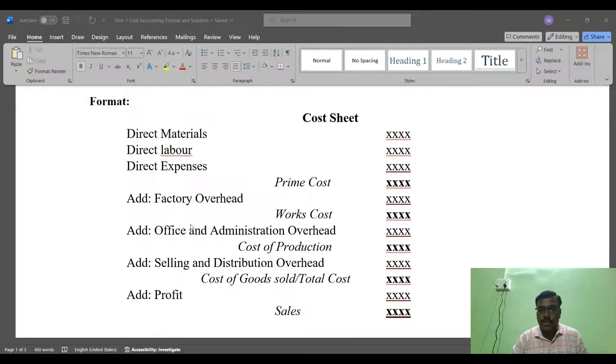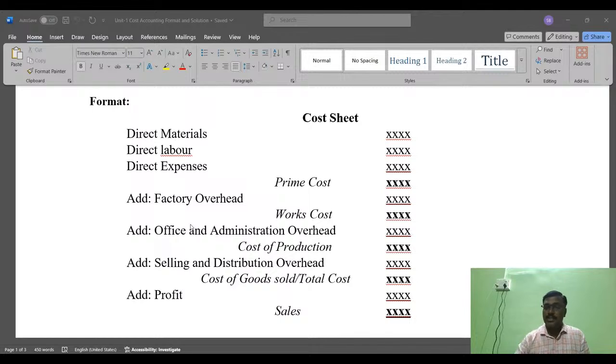To the cost of production, we have to add the selling and distribution overhead. Once we have manufactured the product, we have to distribute it to the selling point, to the shops. The expenses incurred to transport the product from the factory to the selling point, that means the showroom, are called distribution overhead.